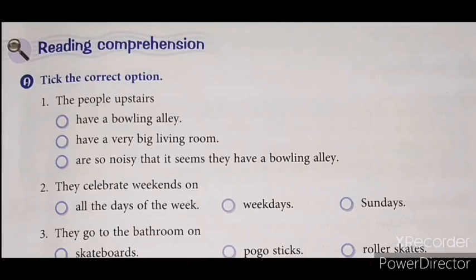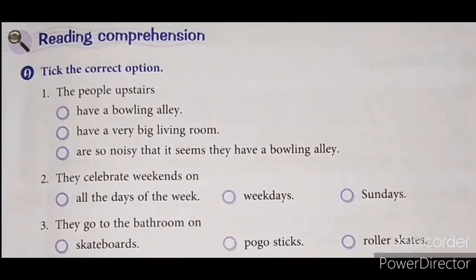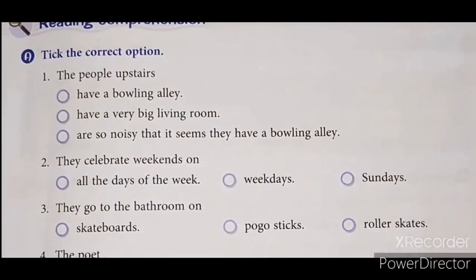The first question: the people upstairs. Option A, have a bowling alley. Option B, have a very big living room. Option C, are so noisy that it seems they have a bowling alley. Answer is C.